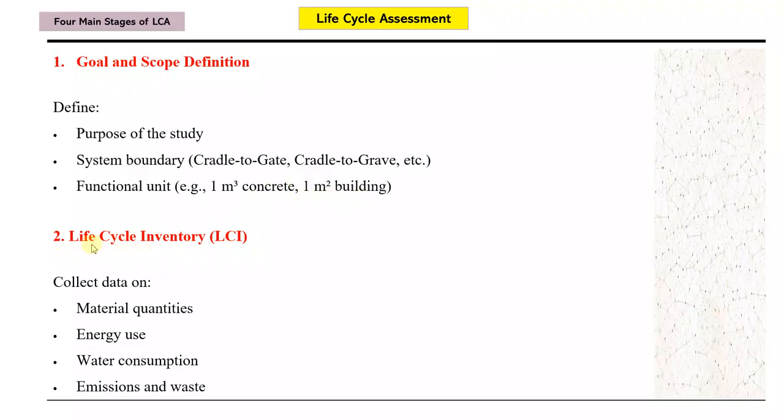The second one is life cycle inventory, LCI. We have to collect the data on material quantities, energy use, water consumption, and emissions and waste. Means we have to collect the data of all the materials and energy and emissions during the process.